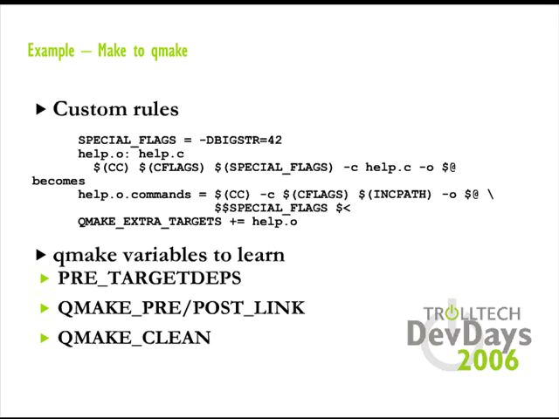Some other variables that you should learn, because they'll help, are PRE_TARGETDEPS. If you've split up your application into a lot of folders and your GUI exists in one and the rest of your thing is your old build system, you'll want to use the target dependencies to say that your final target is dependent on some library over here. So if you go and rebuild, this thing knows that it has to relink. Pre and post link are great for working with usually your continuous integration system or the meta build system around things.